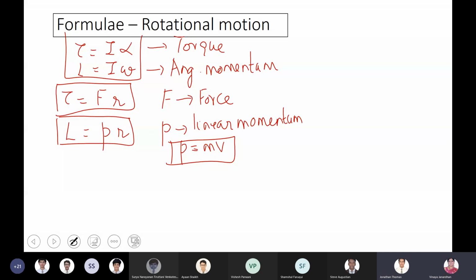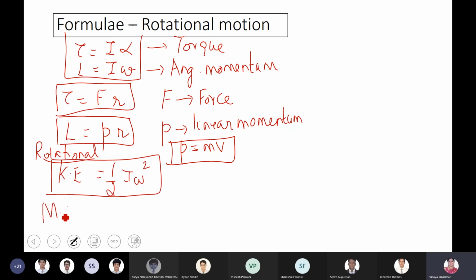Yes. So torque, angular momentum, then you have kinetic energy. I'm talking about rotational kinetic energy. Rotational kinetic energy will be half I omega squared. The general formula for moment of inertia is m r squared. And the law of conservation of angular momentum you have already done. And equations of rotational motion.